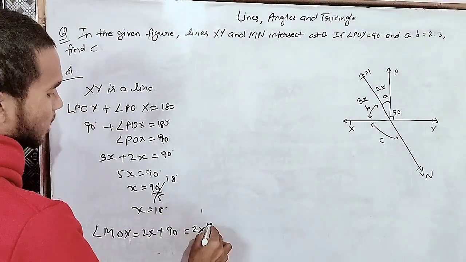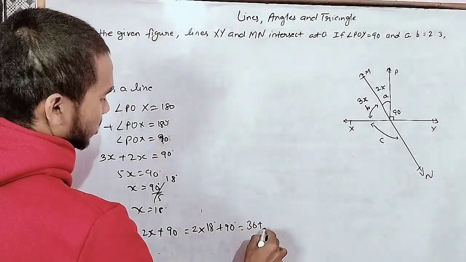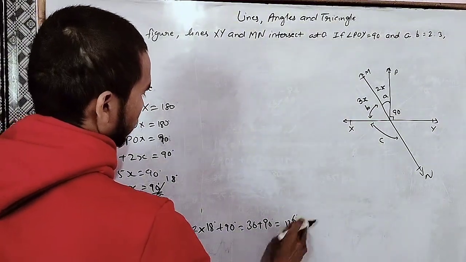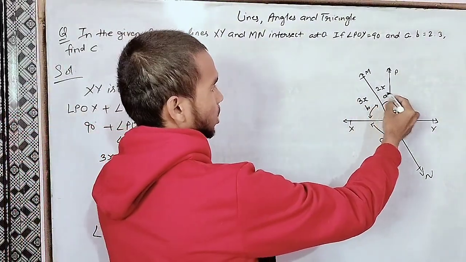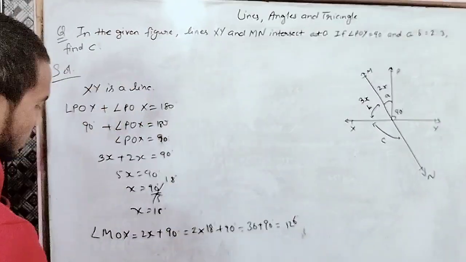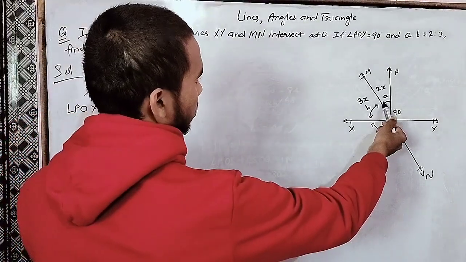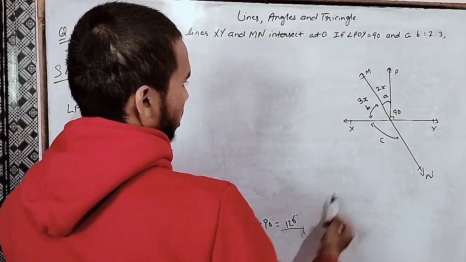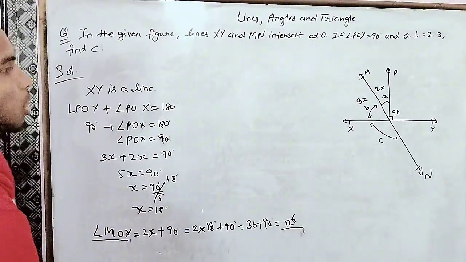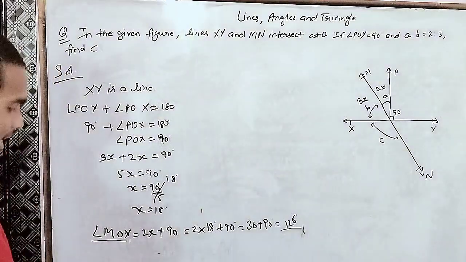Value of x is 18, then 36, 96, 126. So from here till here, we have the value of this angle 126. So value of this angle is 126. As we know, the value of this angle is 126, so the similar value of this will be 126 degrees because of vertical opposite angles.